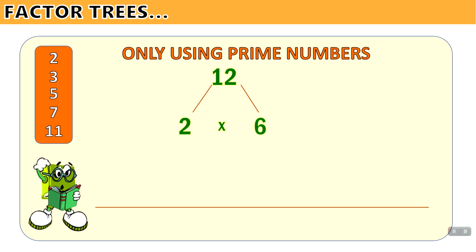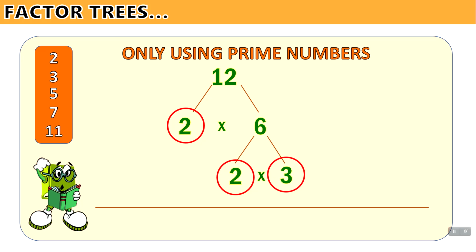But we know that 6 also can be broken down as a multiplication statement as 2 times 3. And so now we are finished, and we have 2 times 2 times 3. We've broken these numbers down into its smallest prime factors, and we write them as 12 equals 2 times 2 times 3.